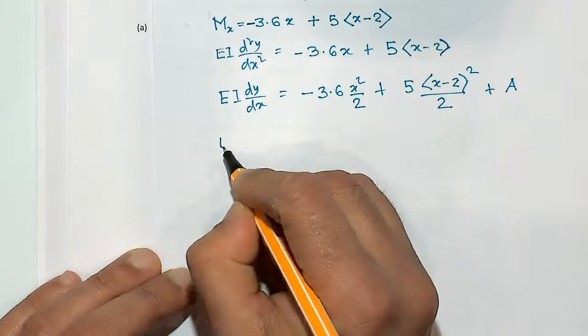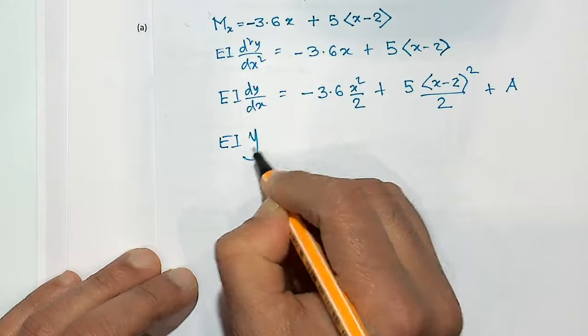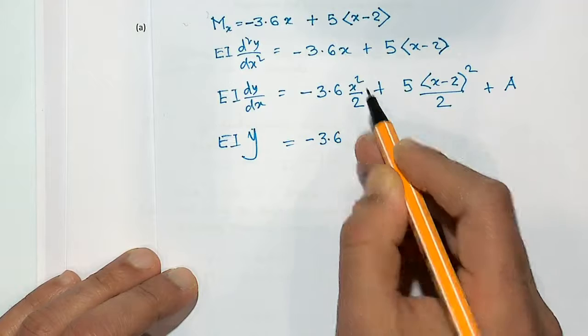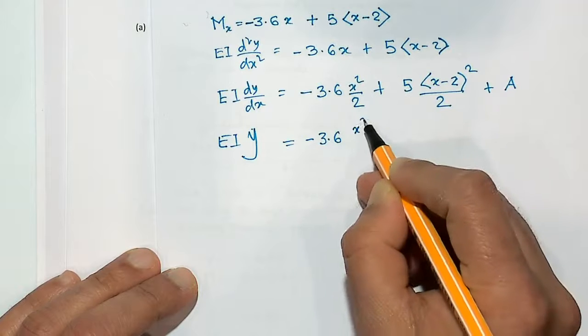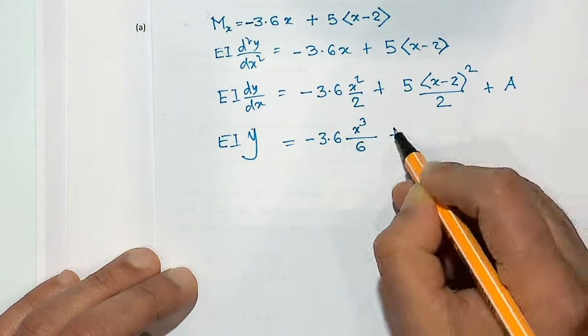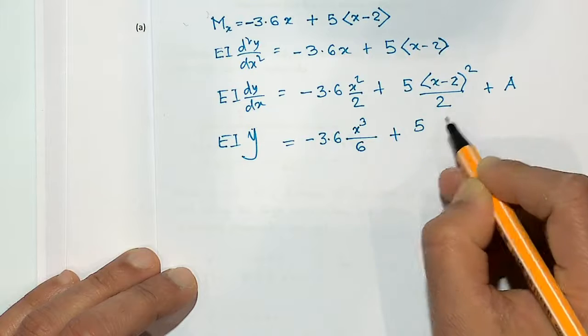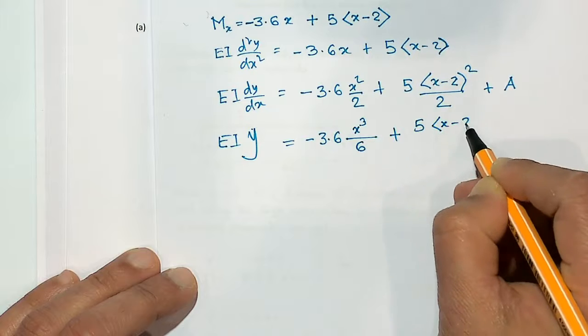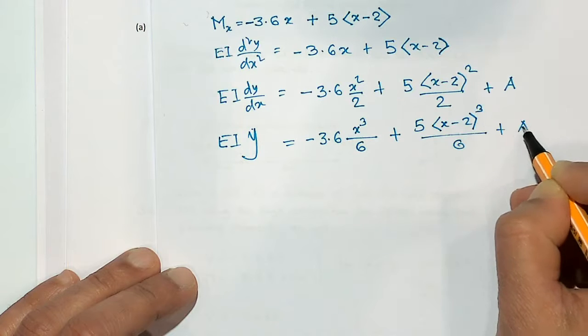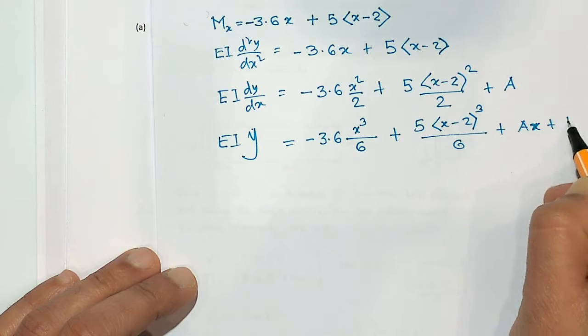I can then do another integration to get the displacement, which would be minus 3.6, x square integration would be x cube divided by 3, so 2 times 3 is 6. Then similarly 5 times (x minus 2) square integration would be (x minus 2) cube over 6, plus ax plus b.